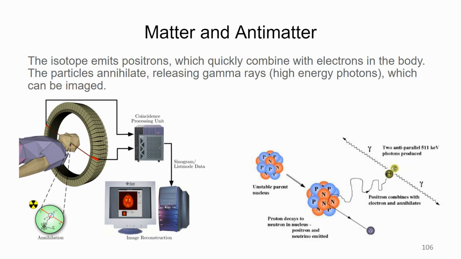So they shoot out in opposite directions, so it's going to hit detectors on either side. And these detectors are synced up enough that the machine knows which one got there first, and it measures the time difference between when it arrived at each one, and using that, it can figure out exactly where the gamma rays were produced inside of your brain. And it can use that, and it makes an image of your brain.